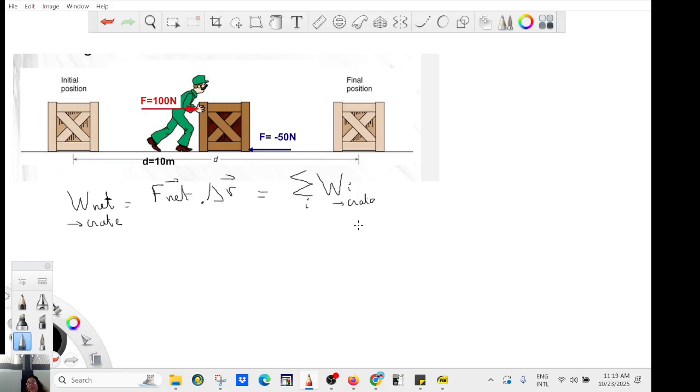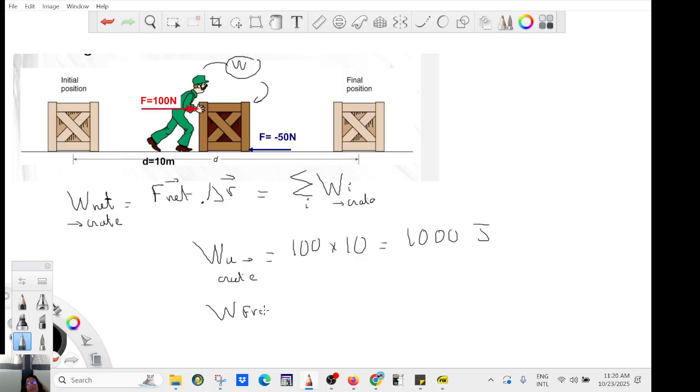So if I go with this definition here, the work done by you on the crate is going to be 100 times 10, so 1,000 joules. So energy is transferred from ATP to the muscles and from the muscles to the crate. And then there is work done by friction on the crate.